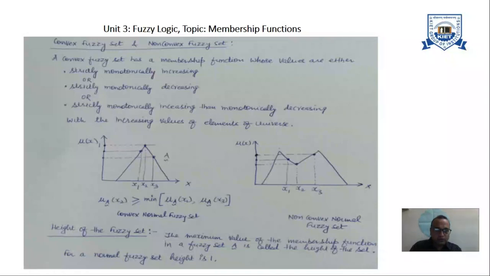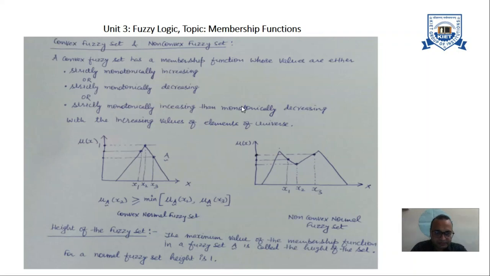Right. So I was just saying that to ensure that a fuzzy set is a convex fuzzy set, one of the three properties must be satisfied. One property says that the membership values of the different elements in the fuzzy set are either increasing, or decreasing, or first increasing then decreasing.